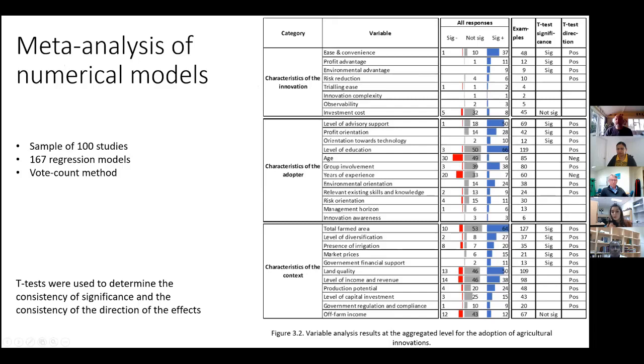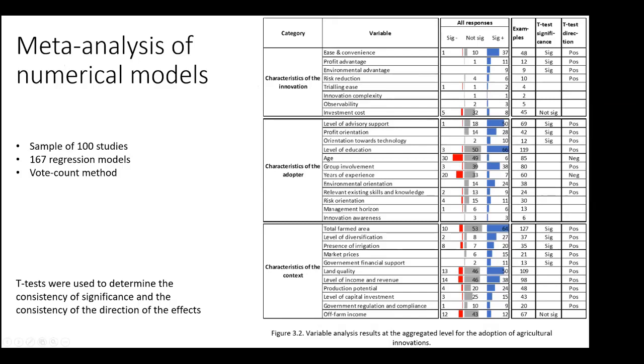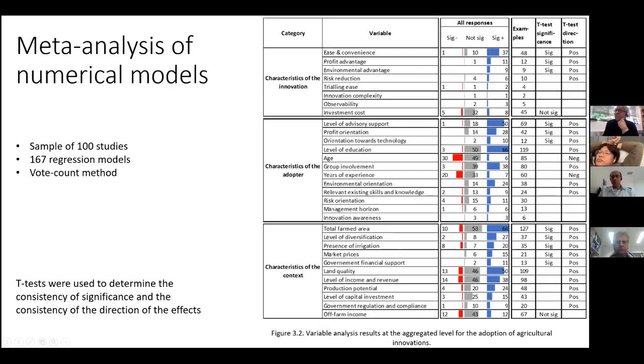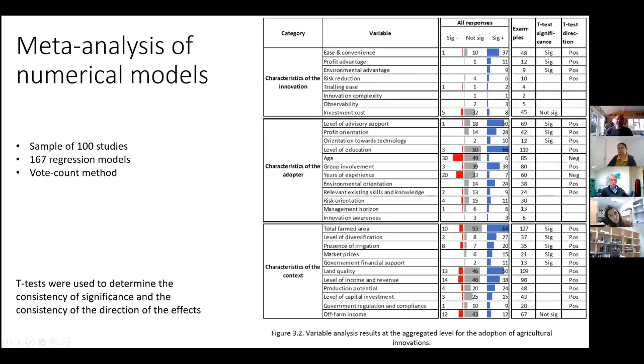If they are blank, it means there were mixed results, or too few. For example, investment costs were included in 45 examples, but were consistently found not significant. So even though it was included, that didn't mean it was actually significant. That's the way of interpreting this table.